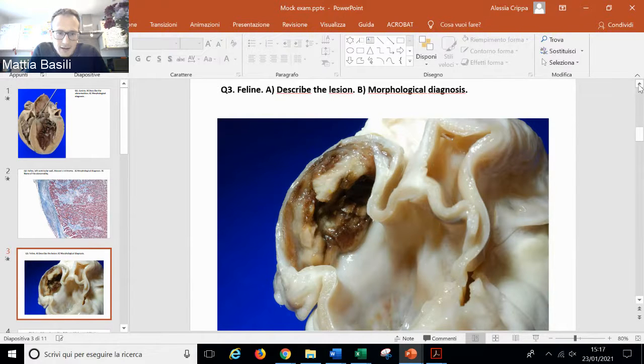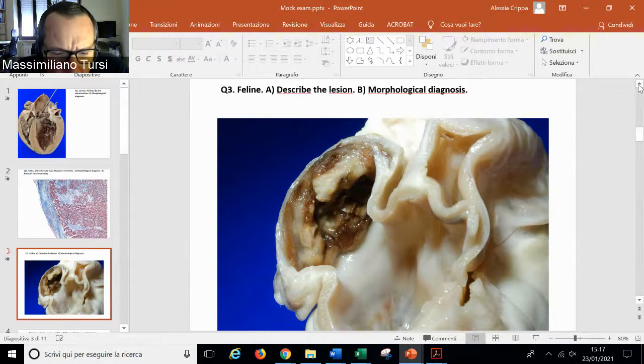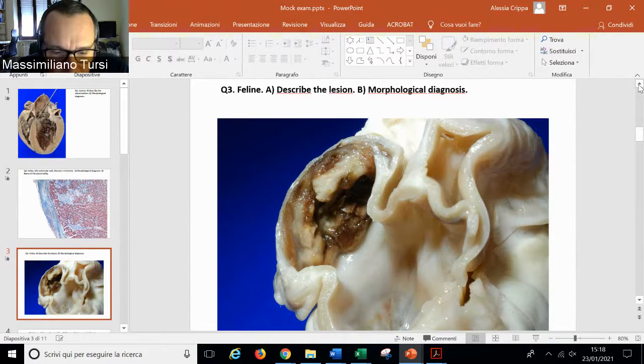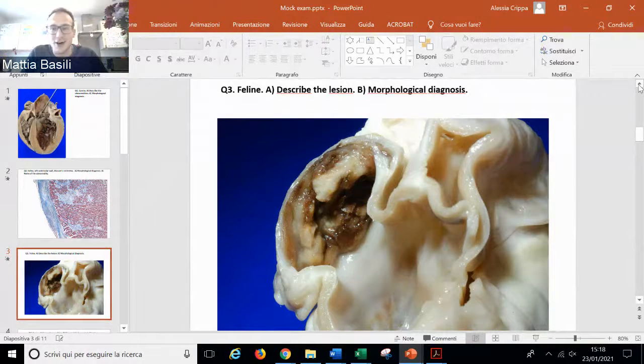Sure. How many times have you seen a neoplasia in the atrium in the cat? In this case, as soon as I read feline, I would write either HCM or thrombus. I'd rarely see this kind of neoplastic lesion in the cat. Yeah, I agree.